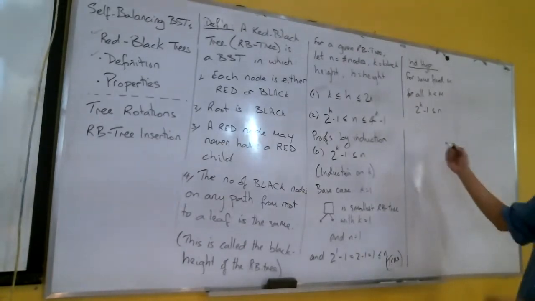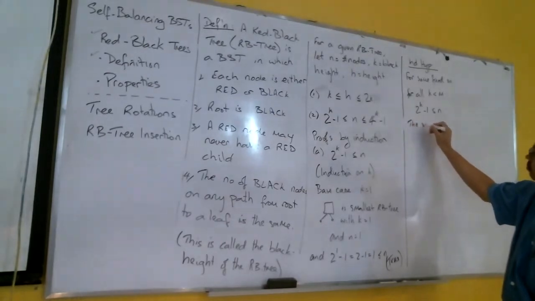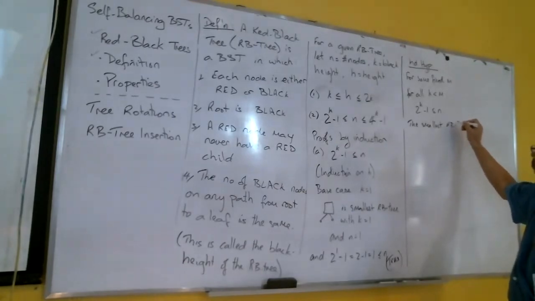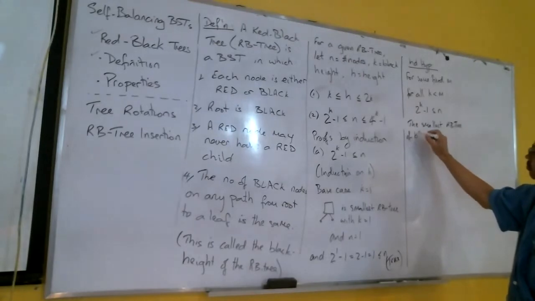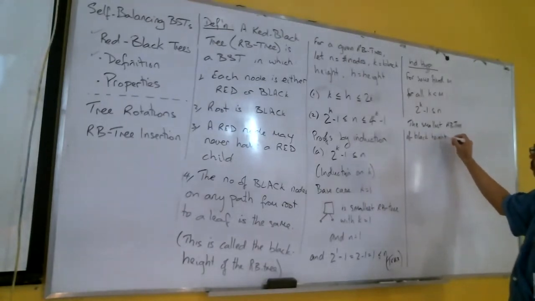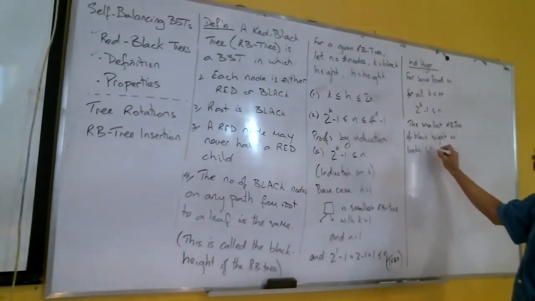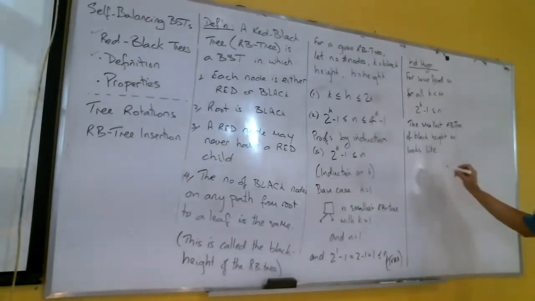Now the smallest looks like what? Okay, so I have the root being black.